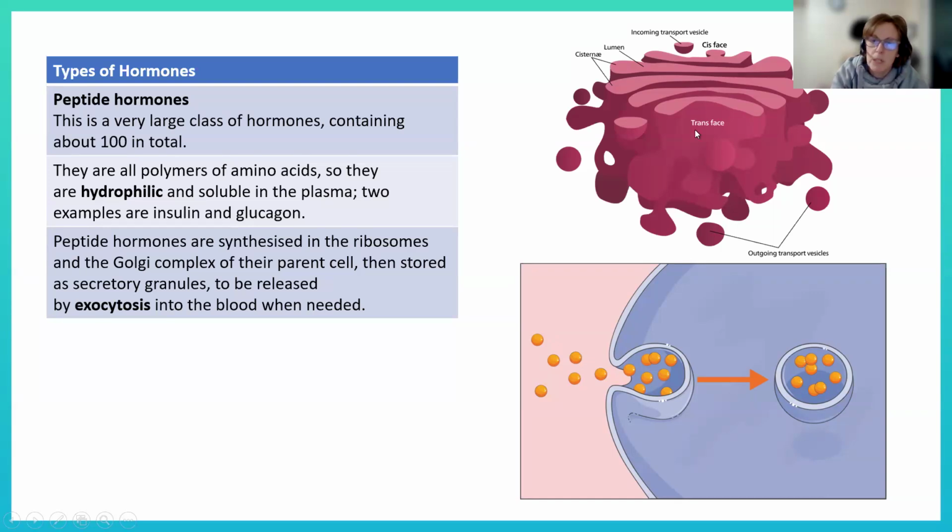They can move through this complex. Here's the incoming vesicle. That will then merge through these stacks. There's modification of these proteins, hormone proteins in this case, within these stacks. And then eventually, when they're ready, they will come out the other end in these vesicles here, and they can be released out into the cell.